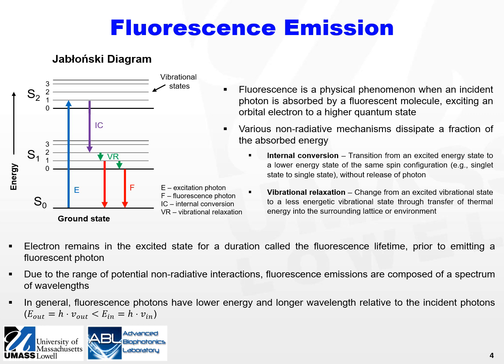Due to the range of potential non-radiative interactions, the spectrum of fluorescence emissions is composed of a distribution of wavelengths. In general, fluorescence photons have lower energy and longer wavelength relative to that of the incident photons.